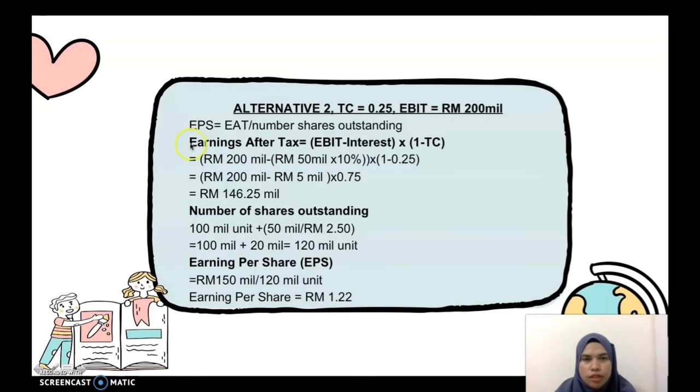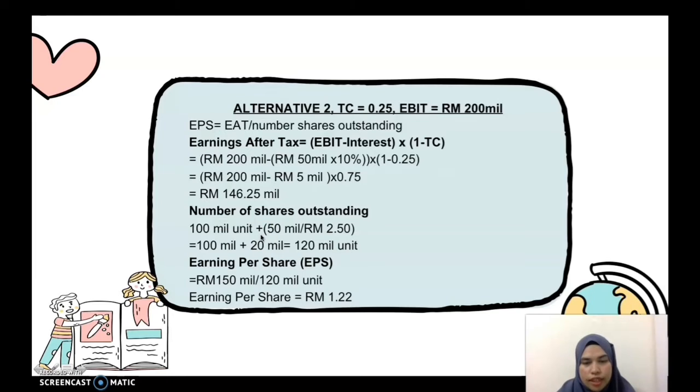Since we are using 50% debt and 50% equity, there will be an interest amount, half the amount of new shares times the interest rate of 10%, and we get 146.25 million ringgit.